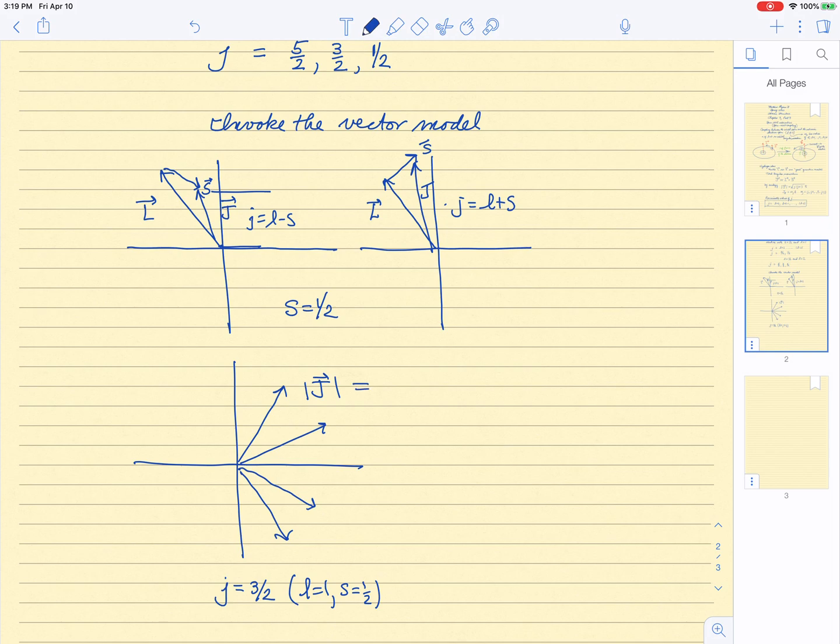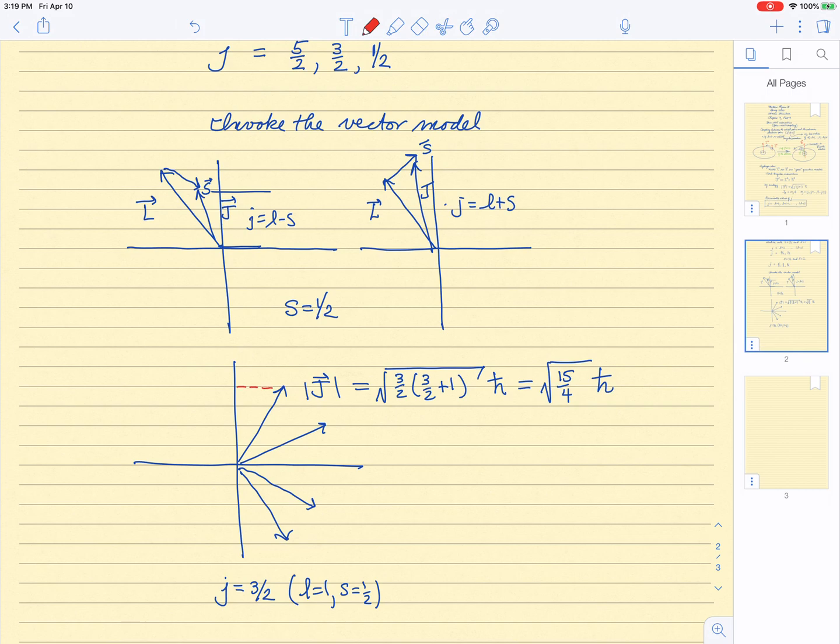So the magnitude of J is going to be the square root of 3/2 times 3/2 plus 1 times h bar. That's going to be 5/2 times 3/2, which is the square root of 15/4 h bar.